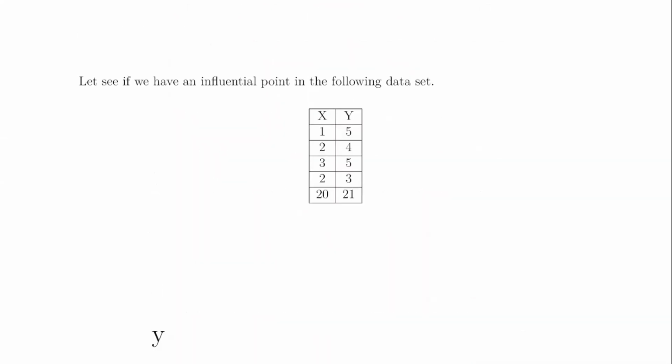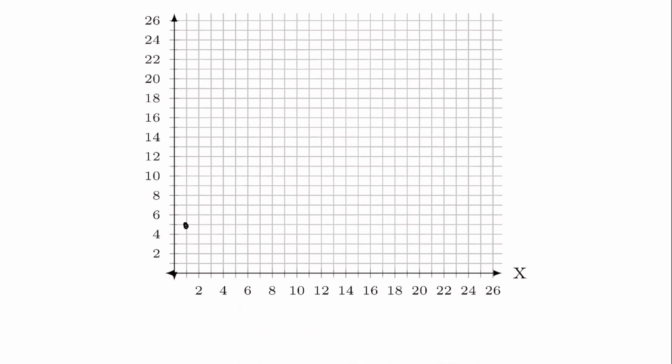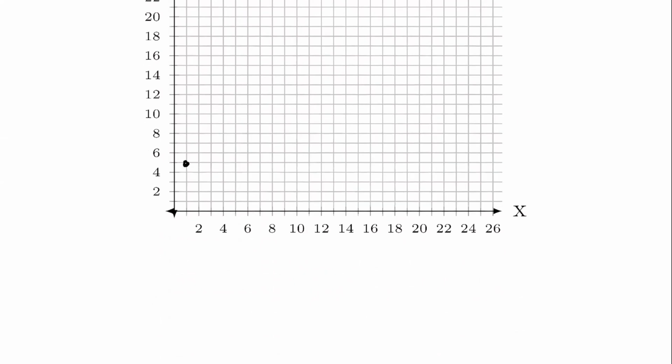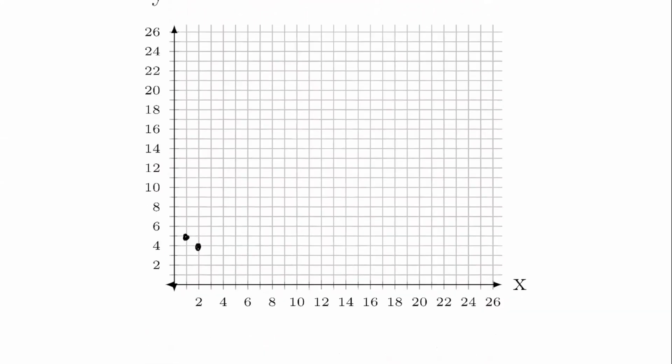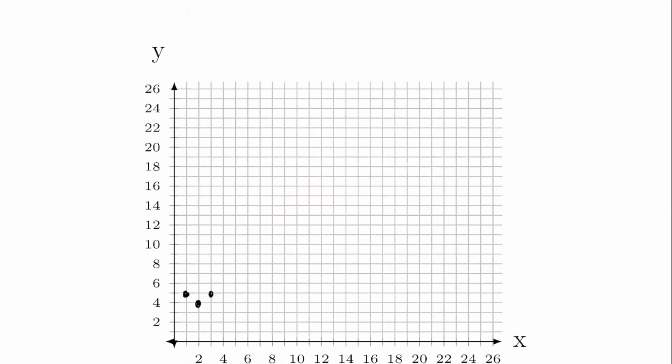So the first one is 1 comma 5. So 1 comma 5 is here. Next one is 2 comma 4. 2 comma 4 is here. If you look at 3 comma 5, there, and then 2 comma 3.